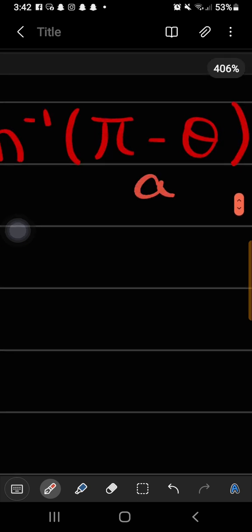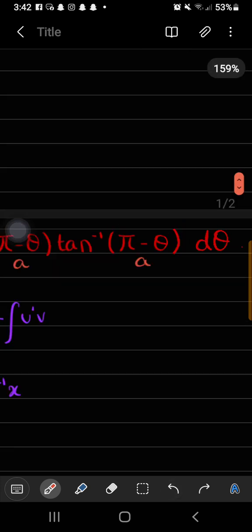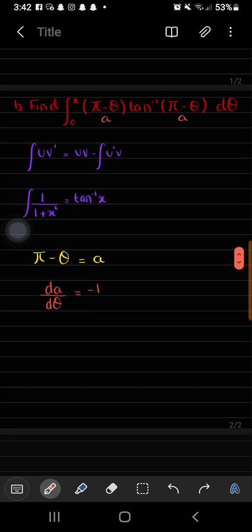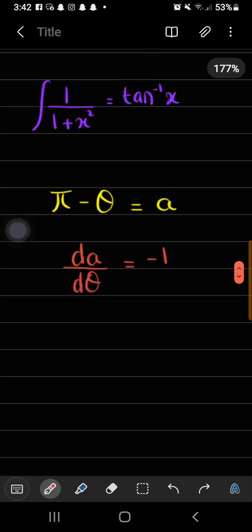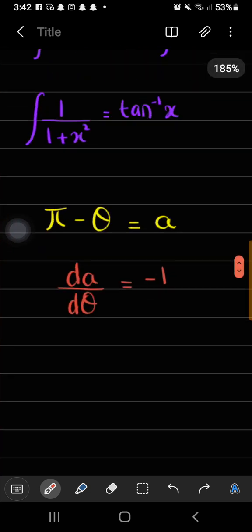As we have this function, when we are writing a here, our theta has disappeared. So how will we deal with this theta? Currently I'm telling that, then I will be back for the limits. So this is our working currently. After this we will go for limits.